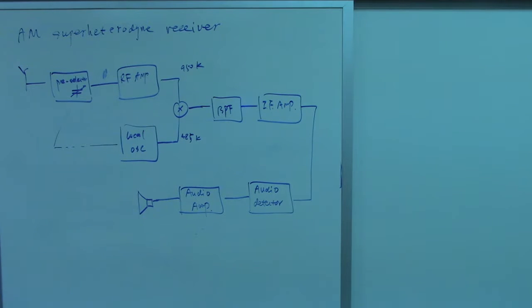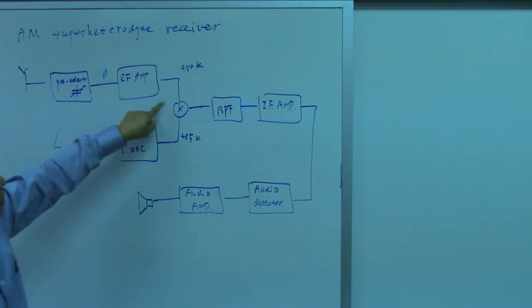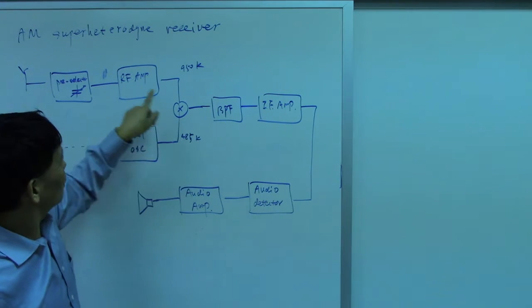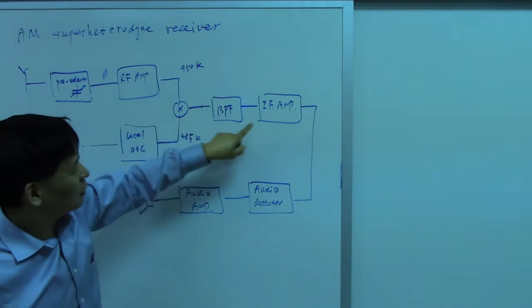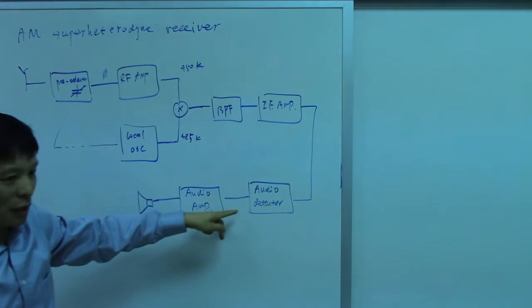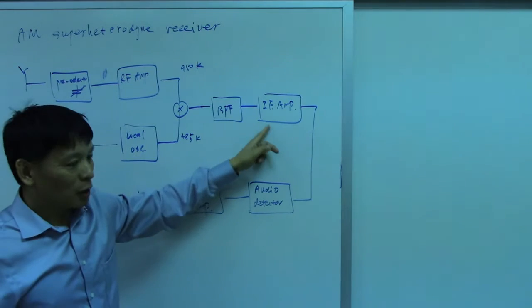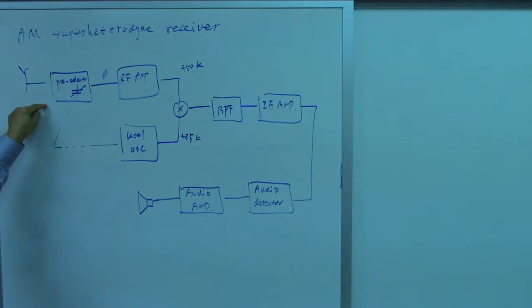So this is a superheterodyne receiver. Before that we didn't have this one. You choose this one, you multiply, then amplify, then amplify again, then you do this. This part will change for each station.